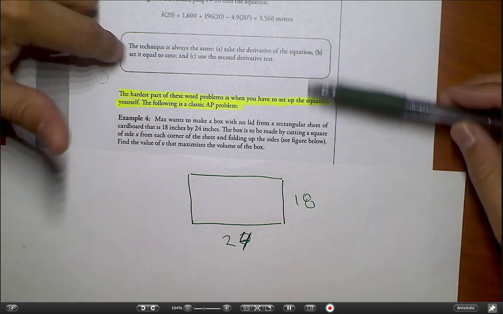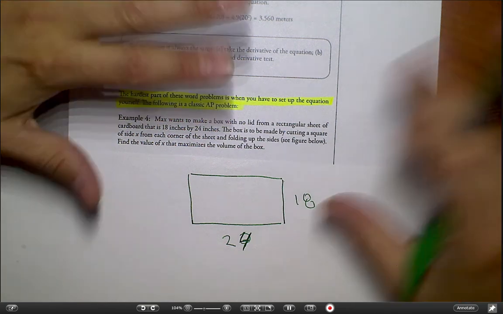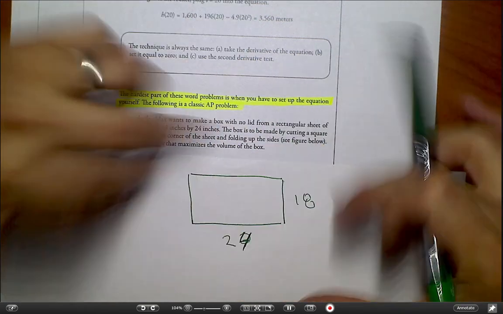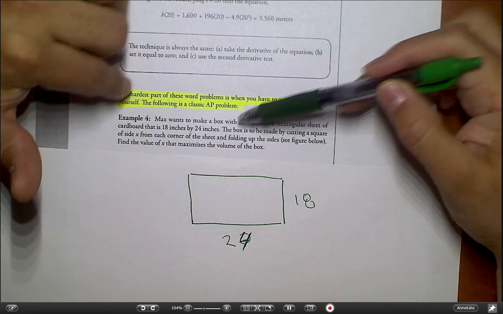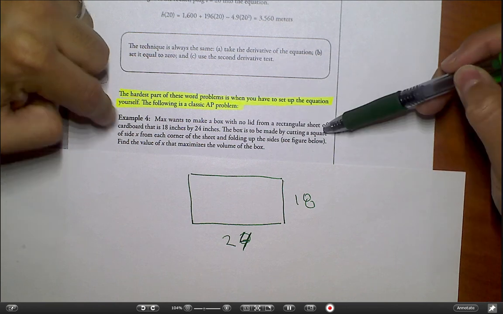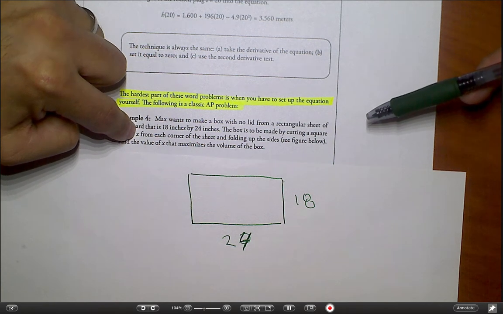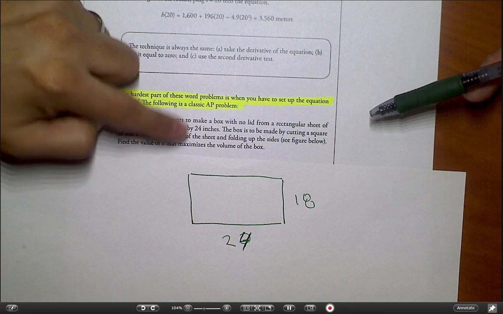Anyway, all right, I started there. To actually make something out of this, the box is to be made by cutting squares of side X from each corner of the sheet.